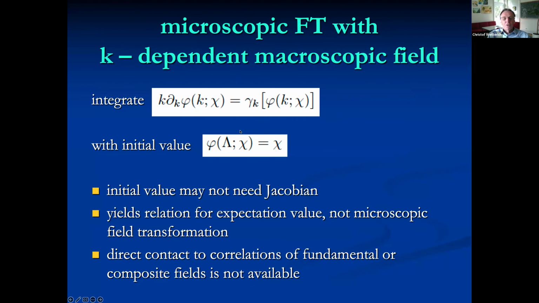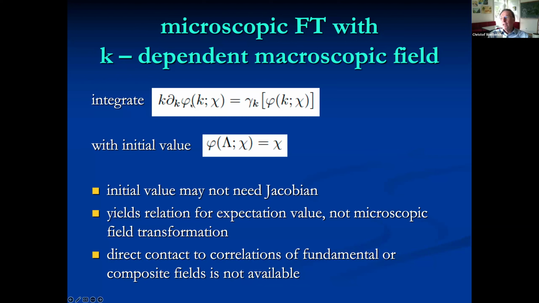The best thing that you can do with the microscopic flow equation, if you do not want to go to the two-field formalism, is still a possibility to integrate your definition of the flow kernel. So this gives you a flow equation for your macroscopic field that you solve with an initial value where phi is equal to chi. That's something that Jan likes a lot. In this way, you may actually be able to avoid the Jacobian for the initial value, but this is still only a relation for expectation values.